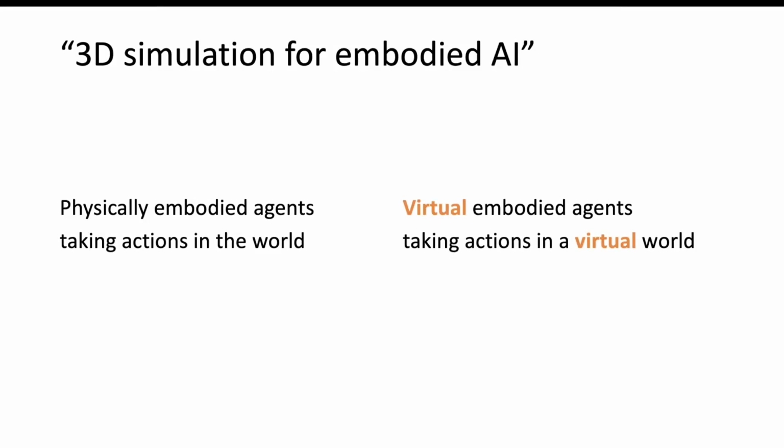So this is really the 3D simulation part, right? Simulating scenarios where we have embodiment and environments where these embodied agents act. So this is the definition for this term, studying virtual embodied agents in virtual worlds.